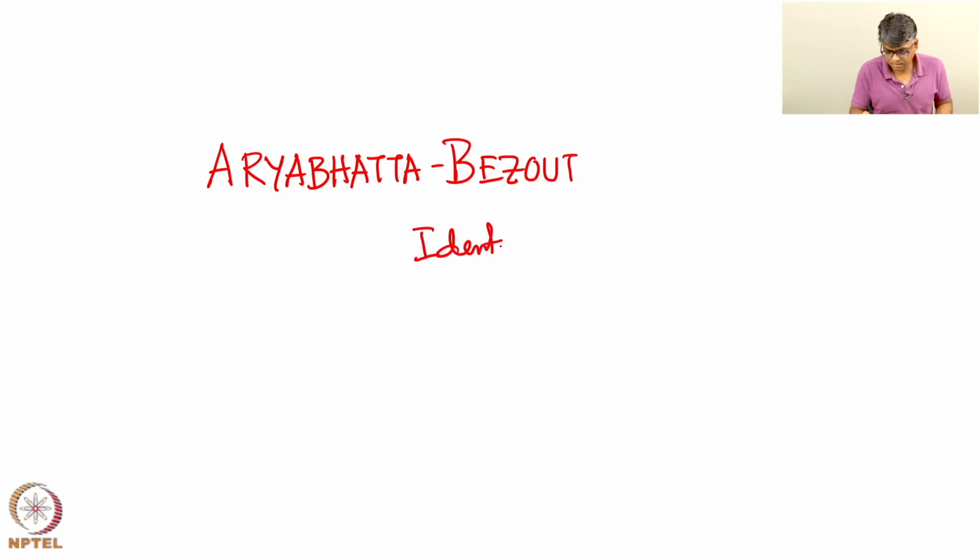Using Aryabhatta-Bezu identity, we can obtain these nice, more useful representations by doing unimodular row operations, right.